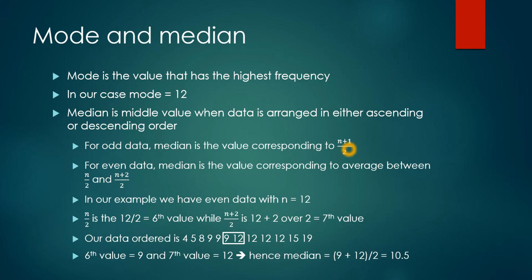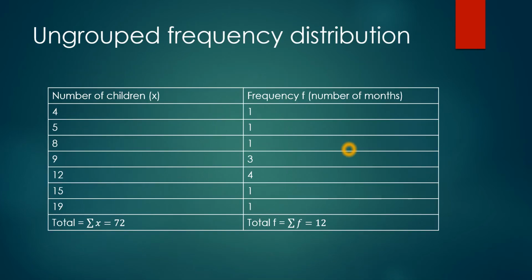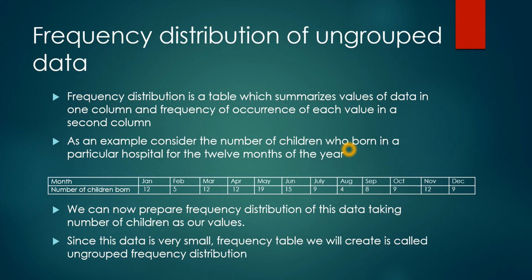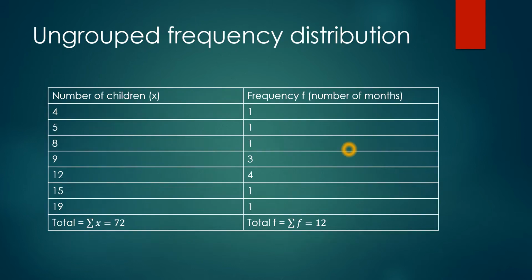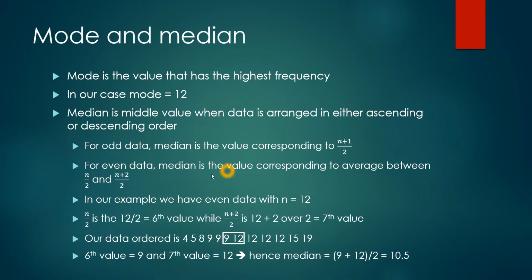If you go back a little bit in our table, we have 12 months, so is it odd or even? It's even. So because it's even, we get the median using these two numbers. n divided by 2, 12 divided by 2, is the 6th position, and n plus 2 divided by 2 is the 7th position.